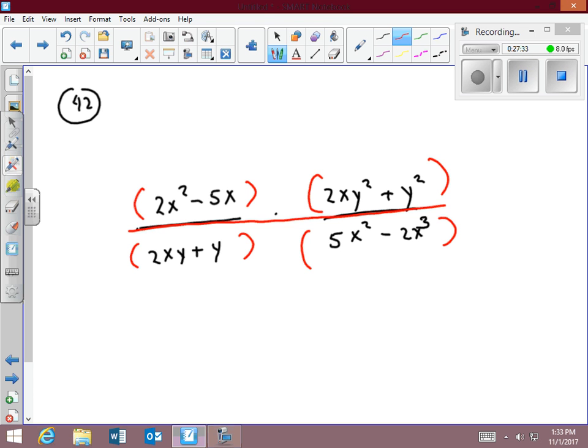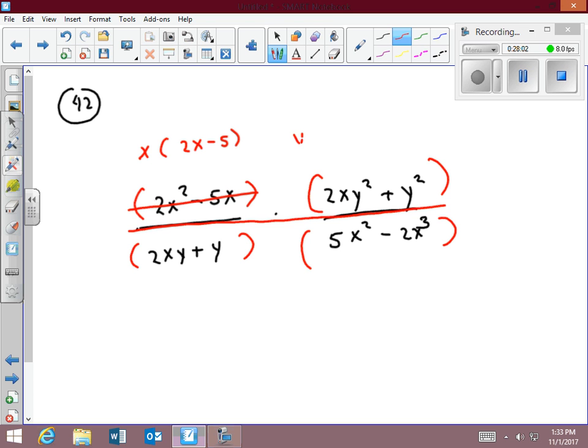Now let's look at the first binomial, 2x squared minus 5x. Is there a common factor? Notice it's descending order, leading term positive. An x comes out, doesn't it? And it has 2x minus 5. Look at the next term in the numerator. Is there a common factor?